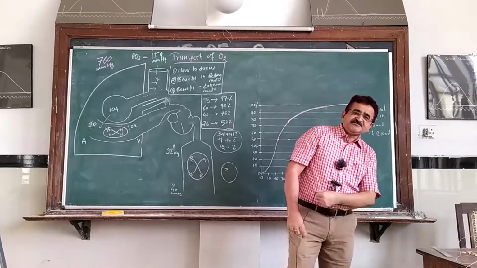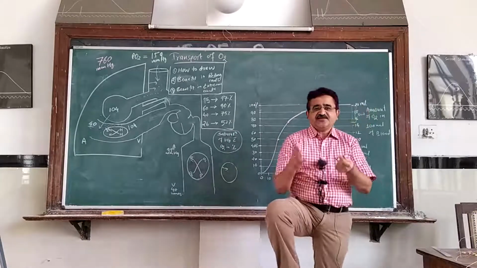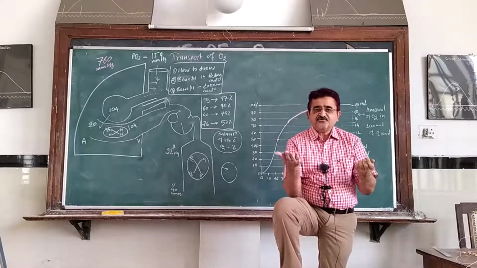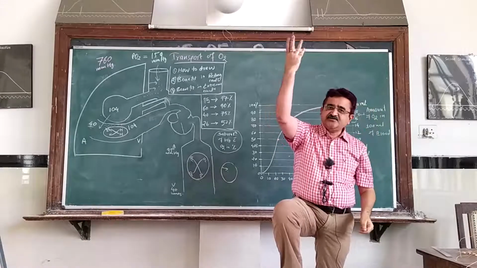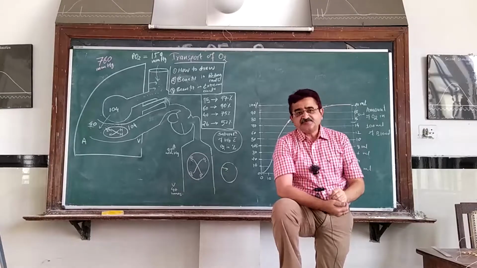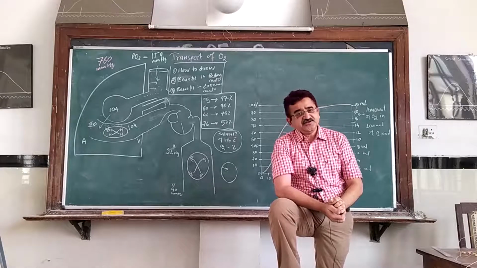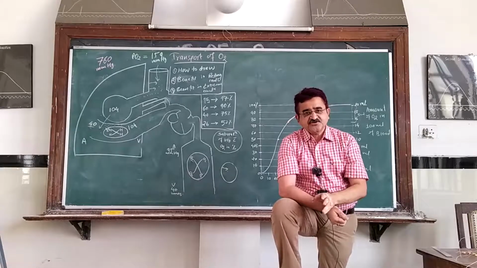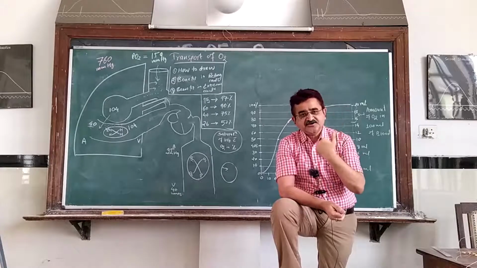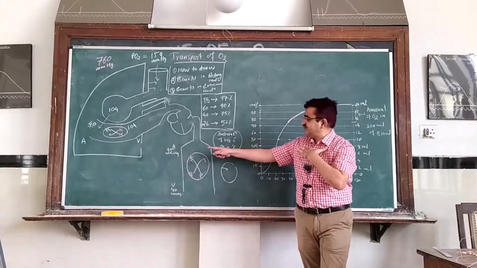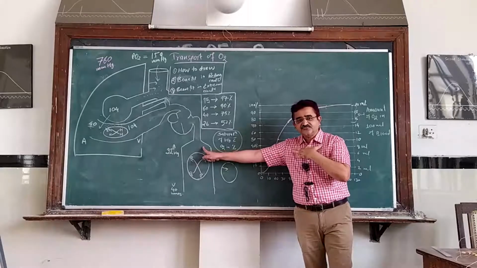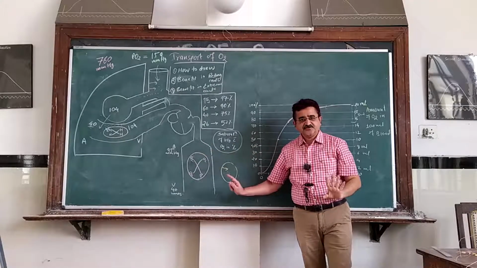Now, to explain this benefit, we take one example. You are taken to high altitude, say for example at the height of 11,000 feet. There the partial pressure of oxygen in the air itself is reduced. We are taking in this air which has less O2, and naturally the partial pressure of O2 in your blood will fall.